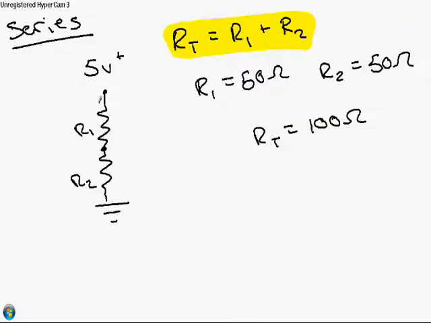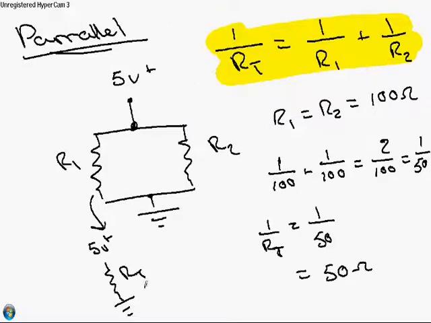Same thing goes for this. I can take this entire thing and bring it down to this. So I can replace this entire thing with a 100 ohm resistor, and I can replace this thing with a 50 ohm resistor.